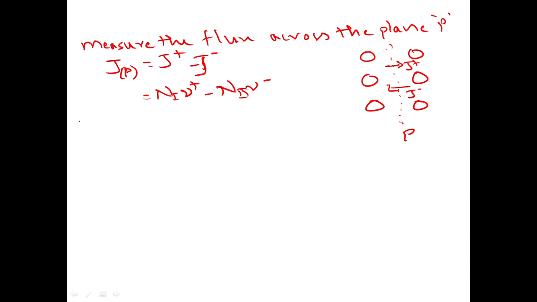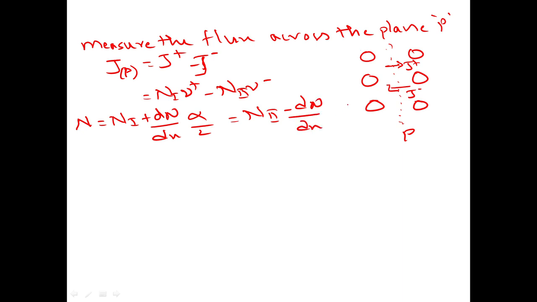So we know n1 is equal to C plus dC/dx alpha by 2, and n2 is equal to C minus dC/dx alpha by 2.